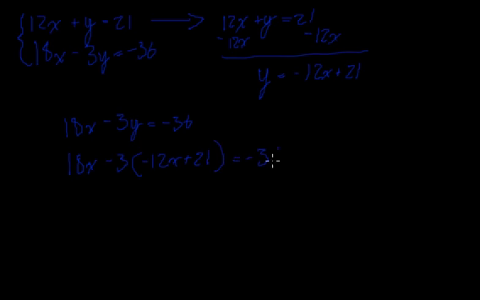So we have negative 3 times negative 12x plus 21 equals negative 36. We distribute the negative 3 into 12, and we get positive 36x. And we distribute the negative 3 into 21, which is negative 63.